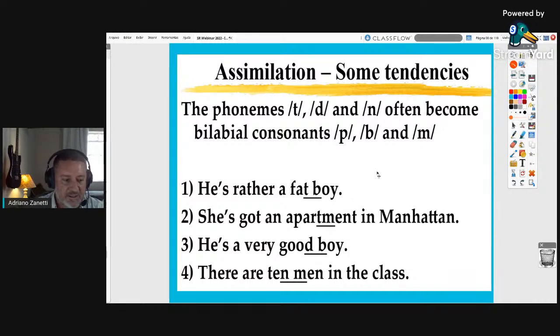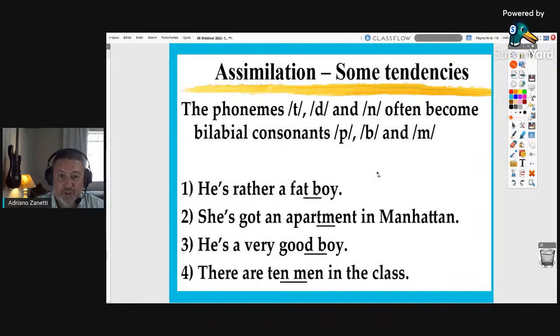Is when one sound loses its quality to the next sound, and it's a tendency in Portuguese, especially if we're speaking another language, to pronounce the two sounds fat boy, good boy, ten men, whereas we can't give us the luxury of saying that, because in fact, this does not happen in real life.